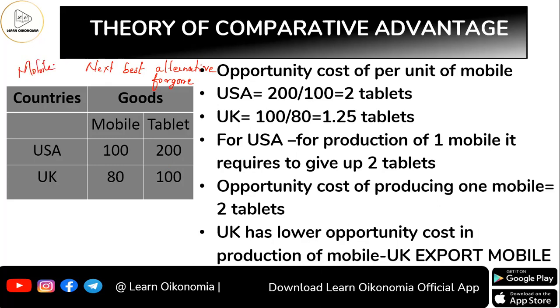Just take the case of USA here, this row. USA could produce either 100 mobiles or 200 tablets, right?